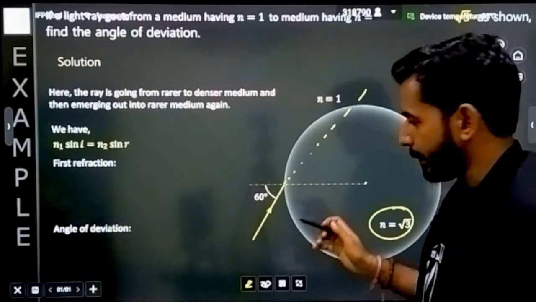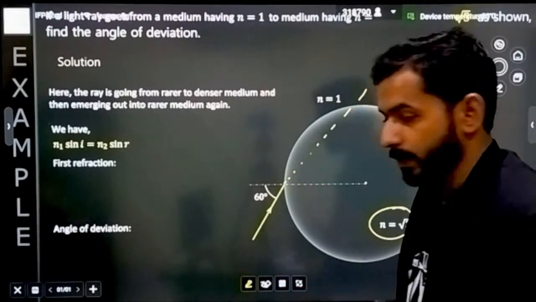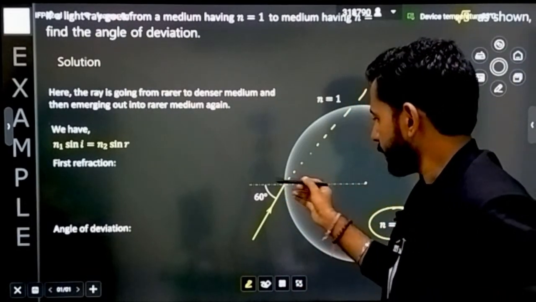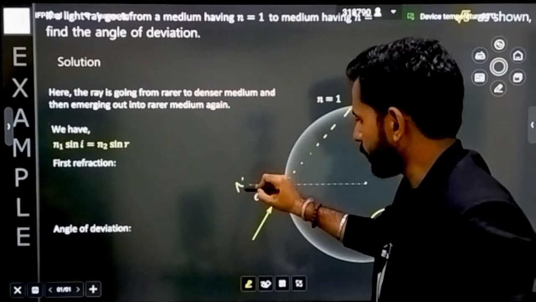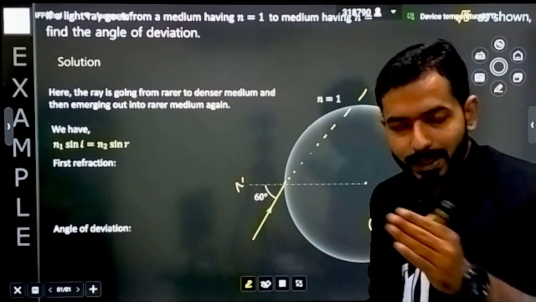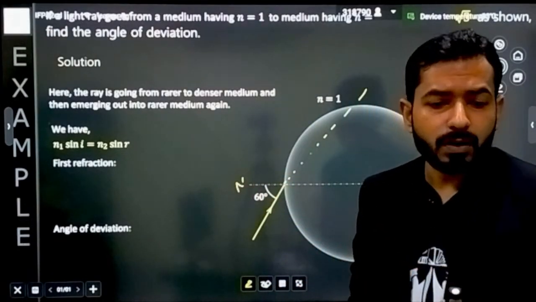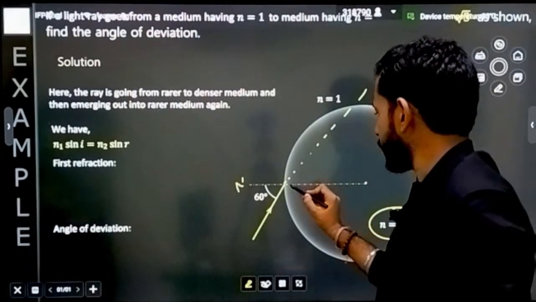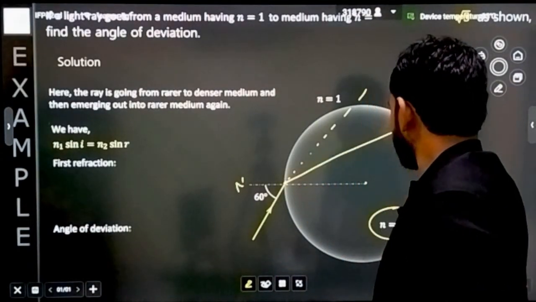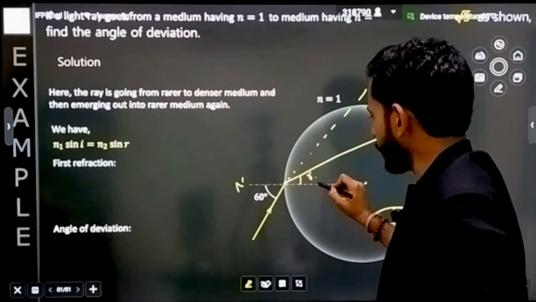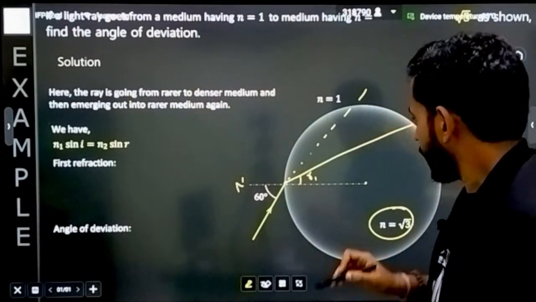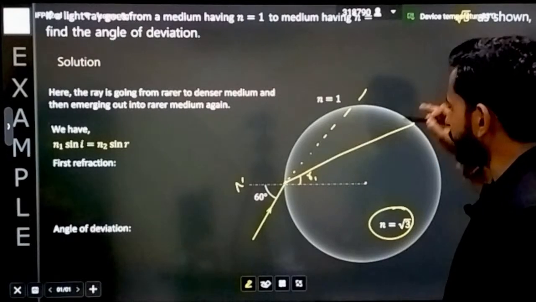Normal will always be perpendicular to the surface. That means it will be like this. Here the normal is drawn also. Now, rarer to denser medium, bending is always towards the normal. That means bending will be towards the normal. This I will name as R1. Now, can you say again reflection will be happening?